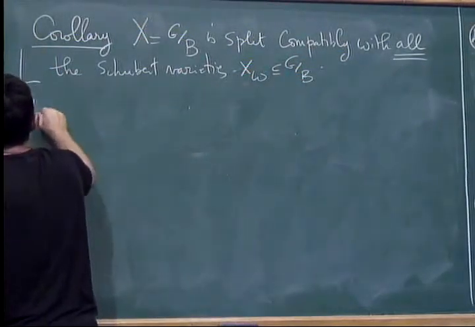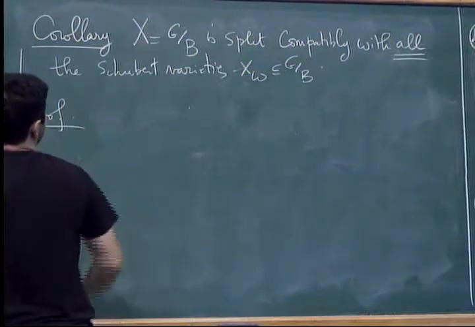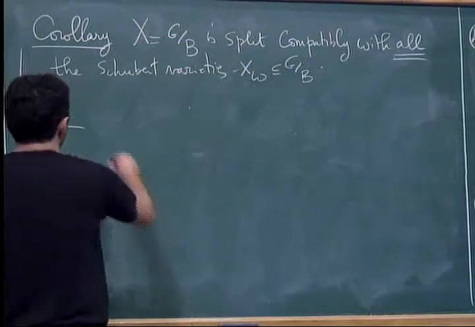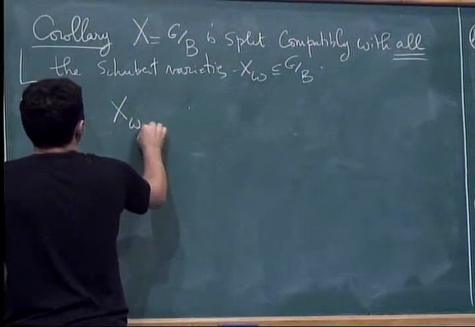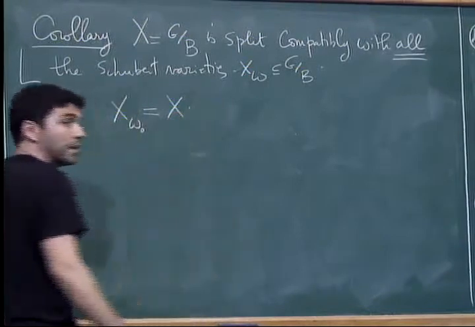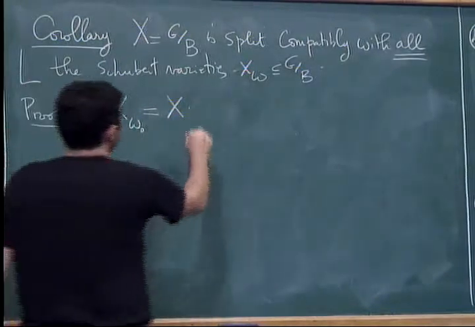For the proof, recall that X omega node is nothing but X, the whole space, G mod B.